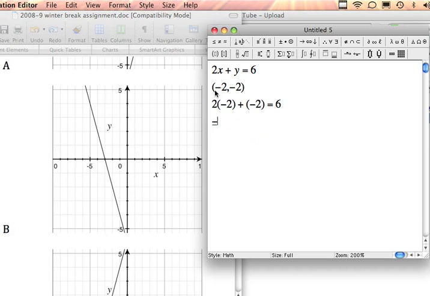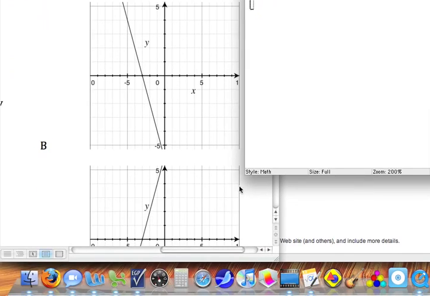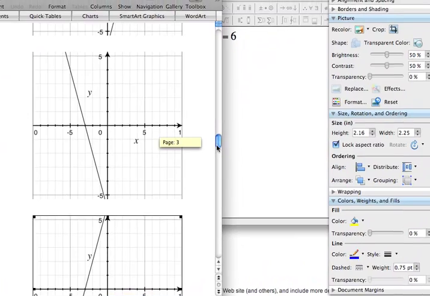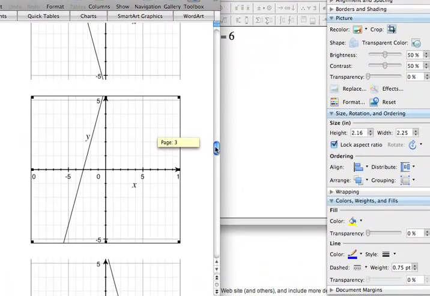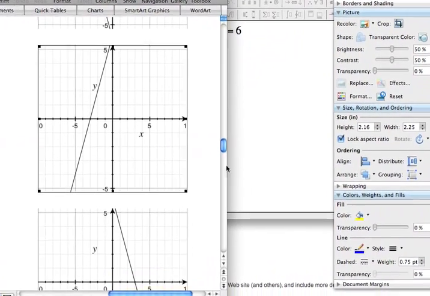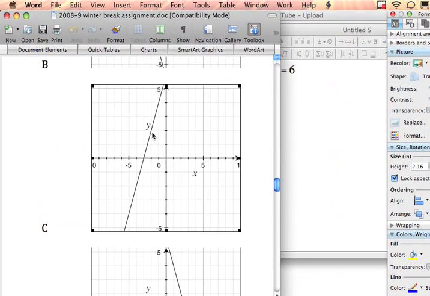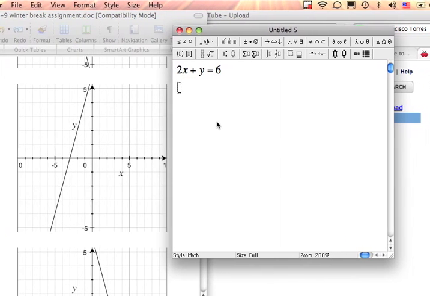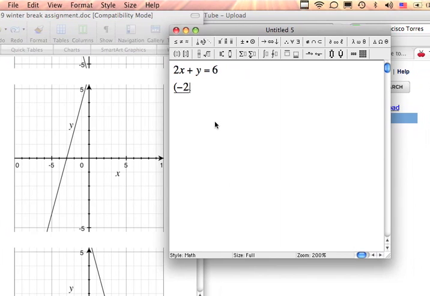So let's try answer C, and maybe answer C will give me the coordinate that I'm looking for. If I look here, I have (-2, 2). I'm going to replace x with -2 and y with 2.